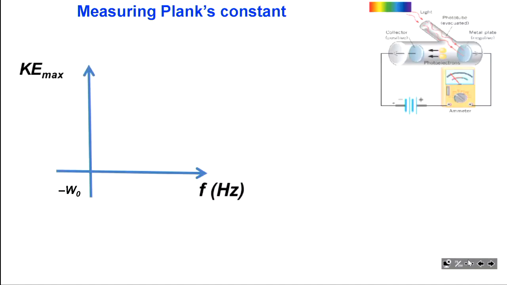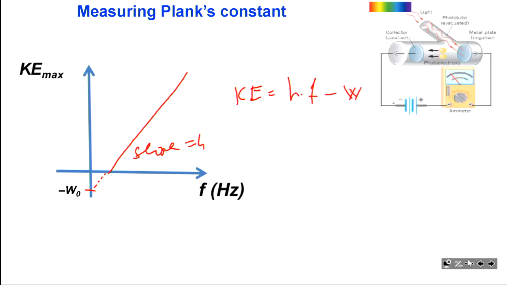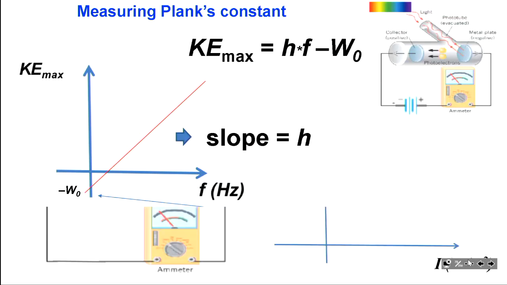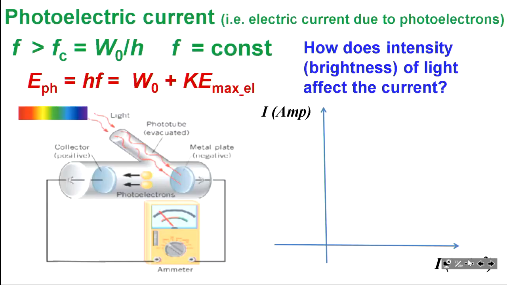I already had this graph. So that's the slope of this equation: kinetic energy equals constant times frequency minus work function. Now, what else can we do? Intensity. What does intensity mean in terms of this new theory?